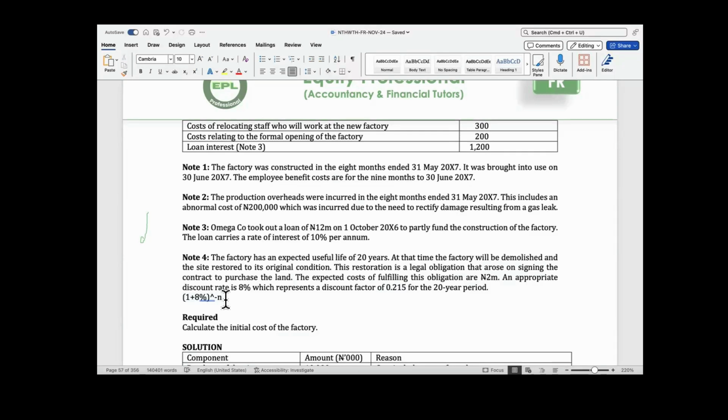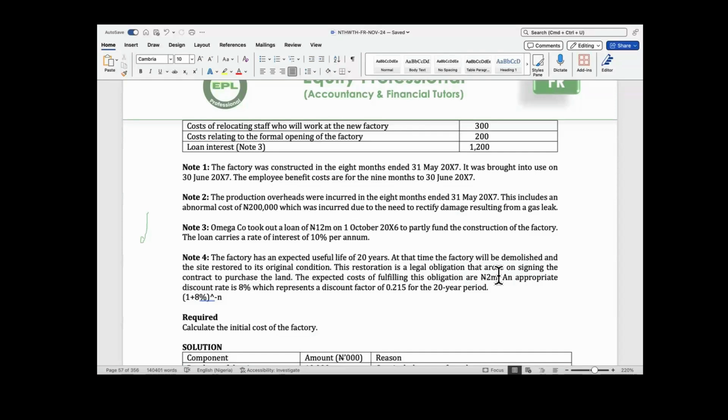So how much was the future cost? It's 2 million, right? So how much are we recognizing in our books today? 0.215 times 2 million. Present value. That's absolutely correct.